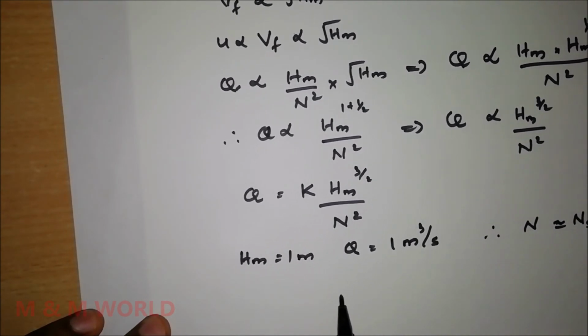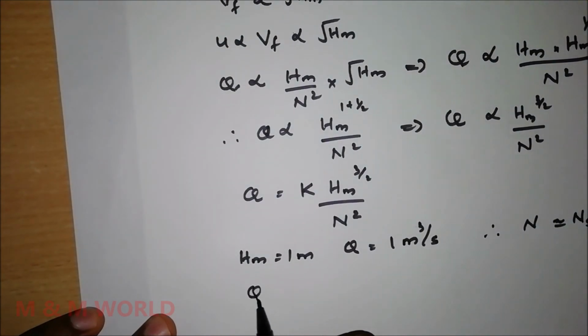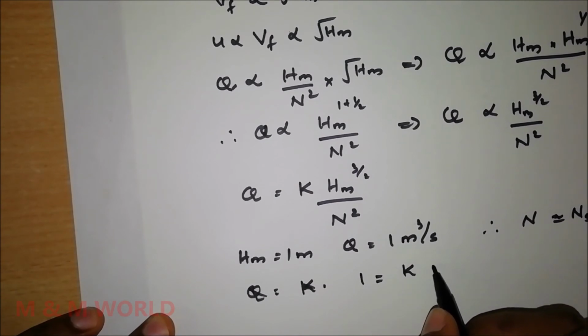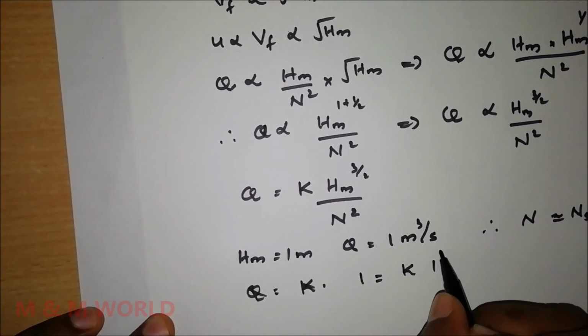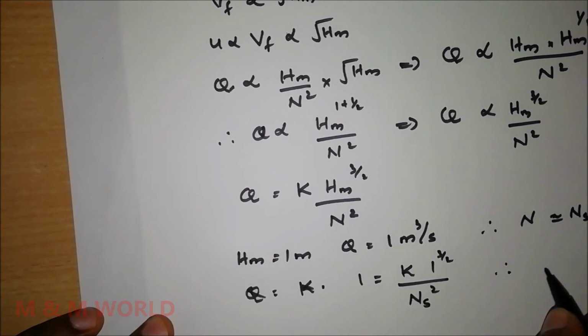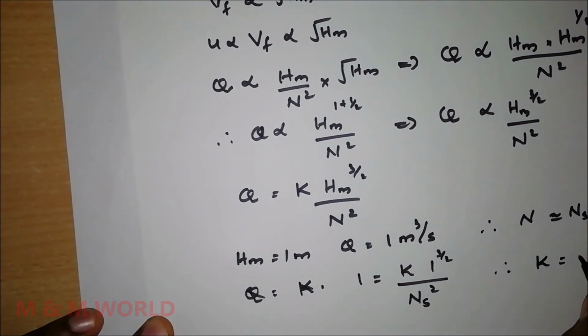Therefore, substituting these values, Q is equal to K into, the value of Q is 1. Therefore, 1 is equal to K into 1 raised to 3 by 2 by Ns square. Therefore, K will become equal to Ns square.